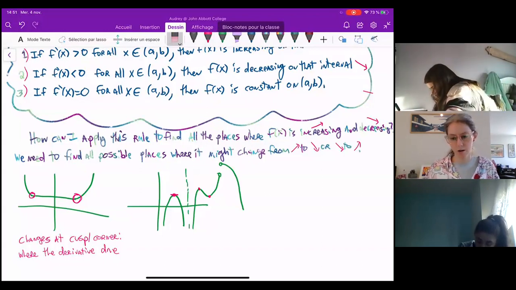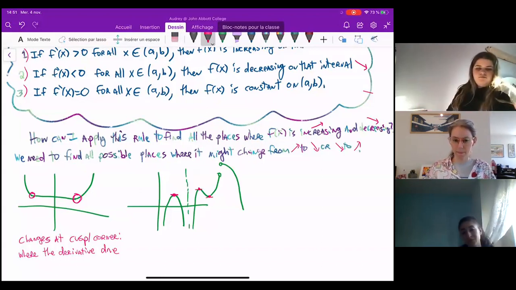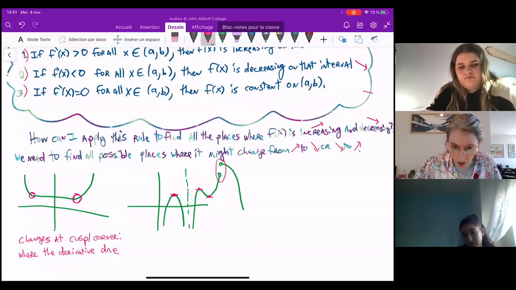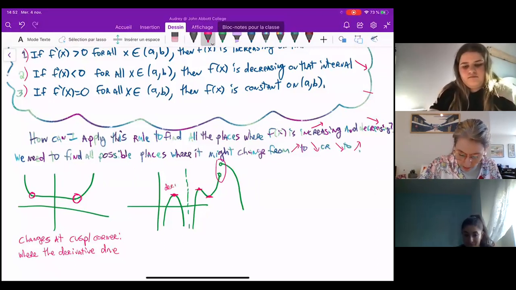What's the derivative there? So right here and right here, at each of these places, I have a horizontal tangent line and the derivative is 0. So at those places, the derivative is equal to 0.